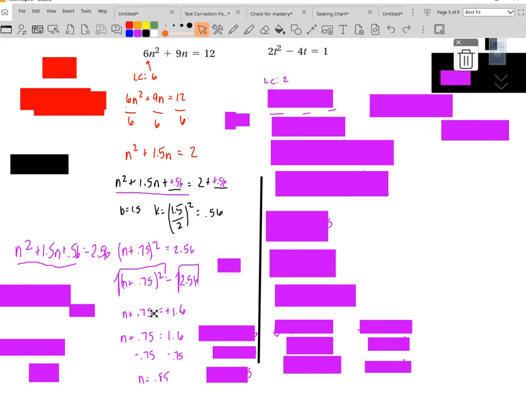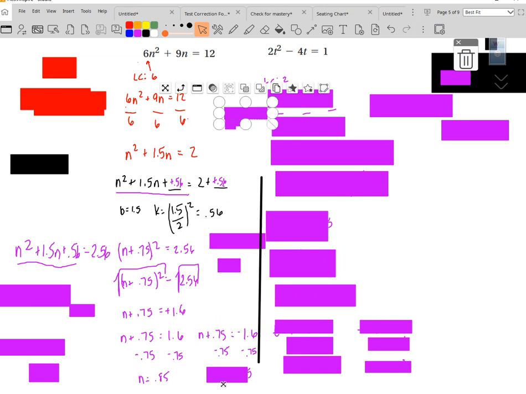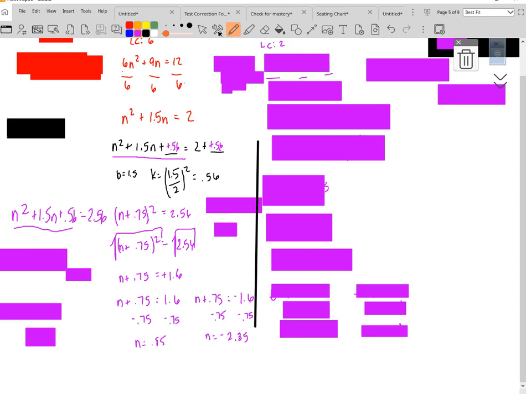Do the same thing with negative 1.6. So here was n plus 0.75 equals 1.6. Now n plus 0.75 equals negative 1.6. Subtract 0.75 from both sides. And so our two solutions, written in set notation, would be negative 2.35 and 0.85.